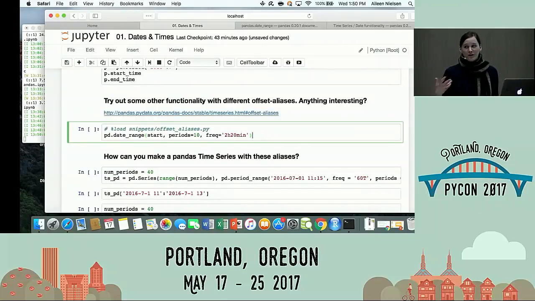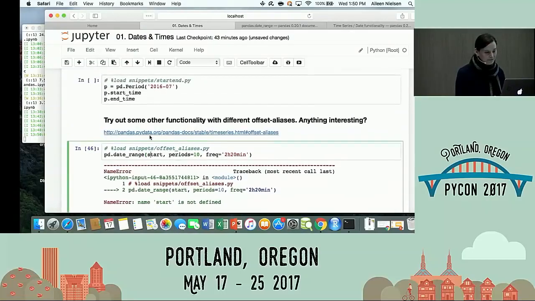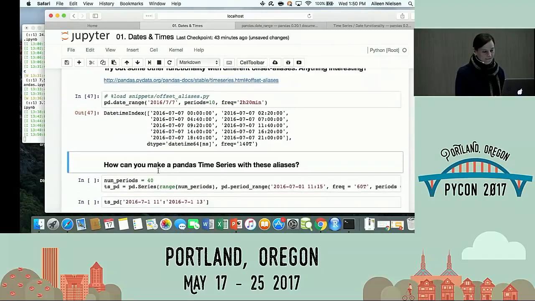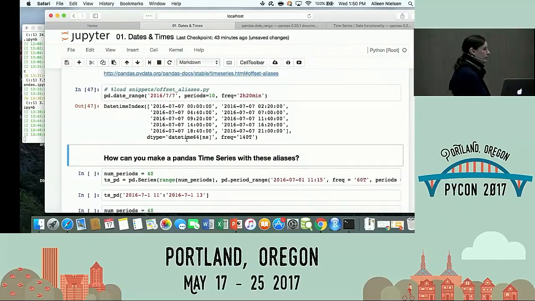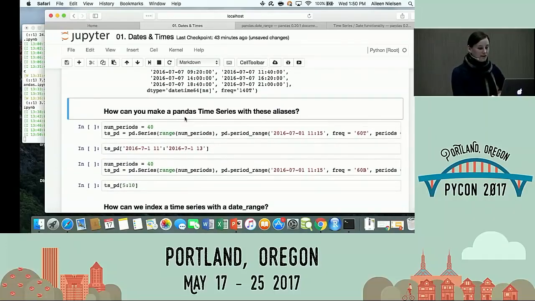So all those really annoying, seemingly arbitrary demands become very easy, right? So you can easily compute whatever frequency you want. Just good to be aware that everything your heart could possibly desire with time-related data is super easy to do.